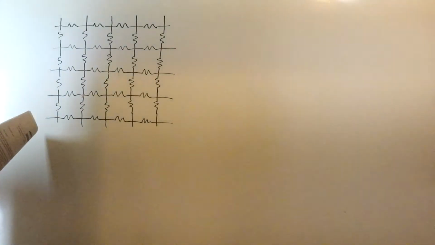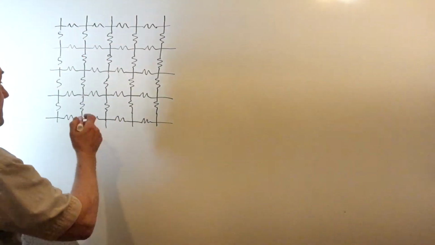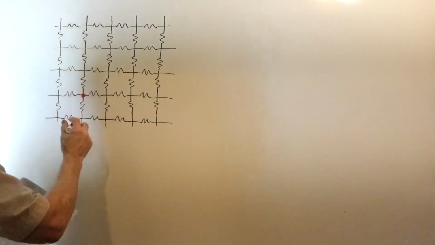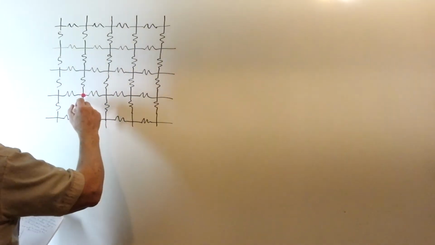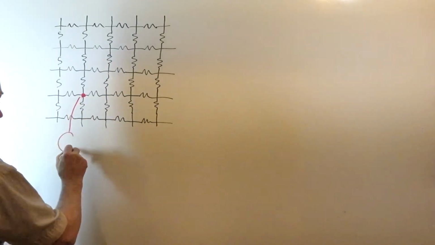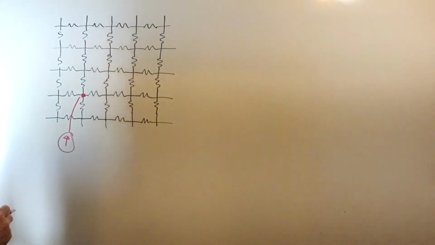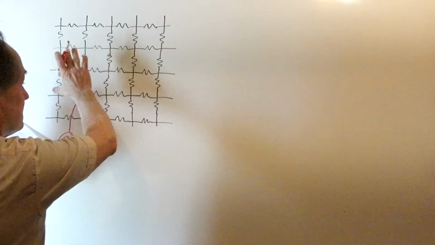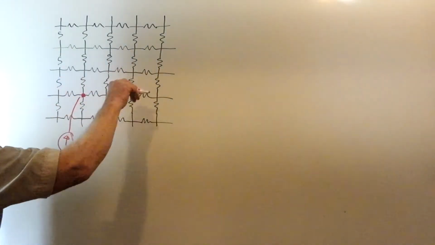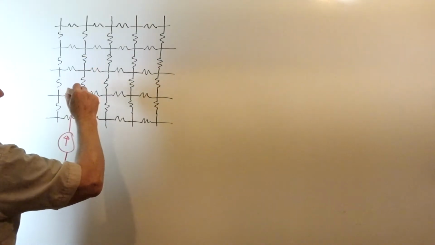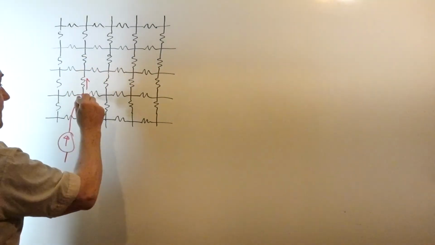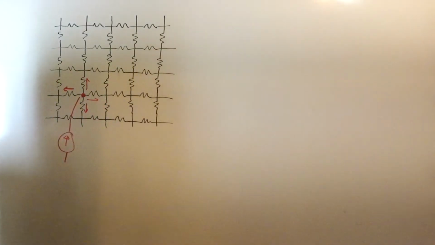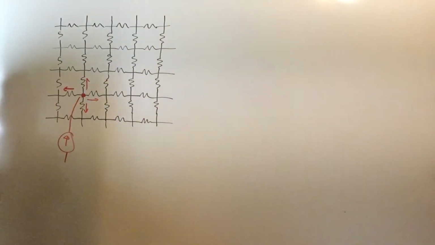Suppose we invoke the symmetry argument like we did, where we're going to inject a current I into this node with a current source. Well, we showed that by symmetry, remember this is extending out in all directions, so we can argue that the current is going to split equally when we inject it into the node.